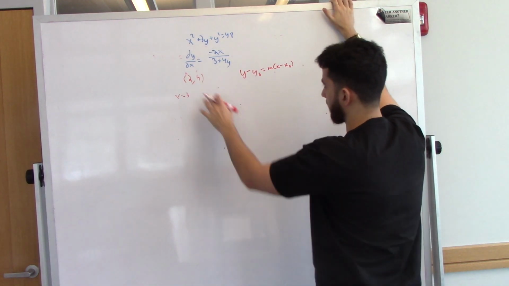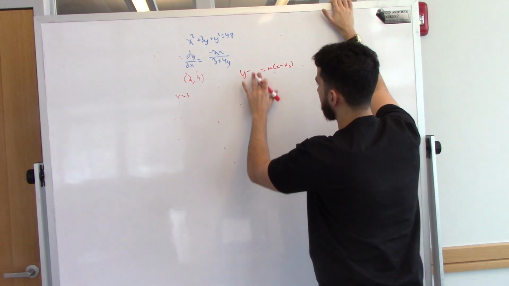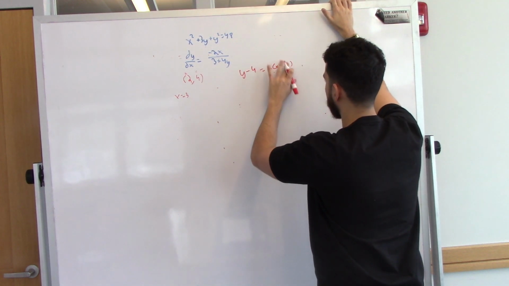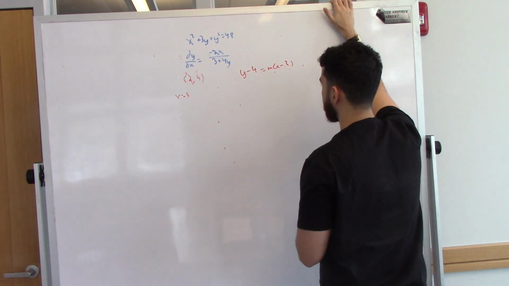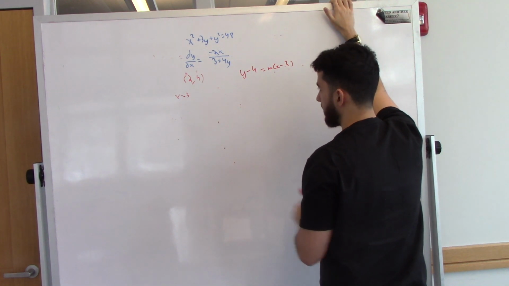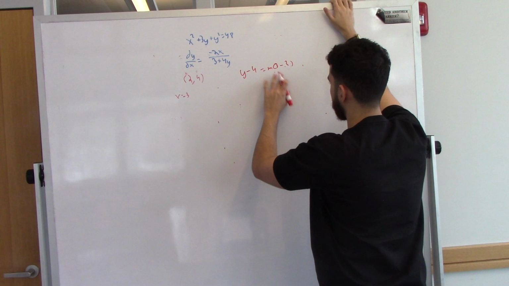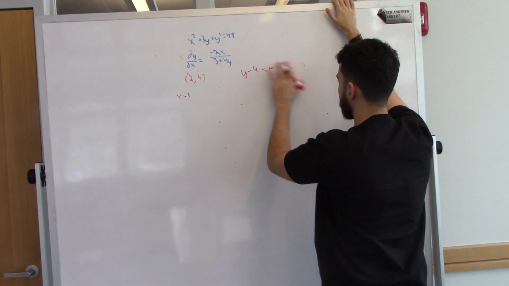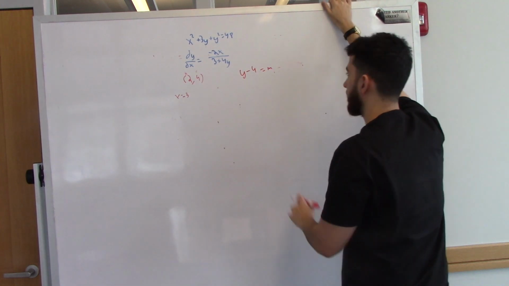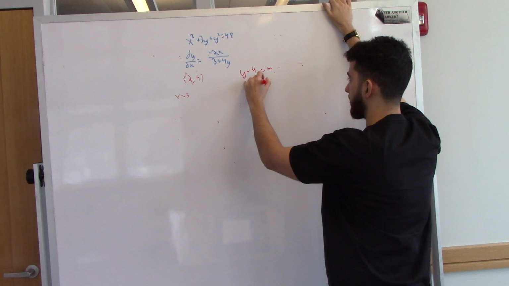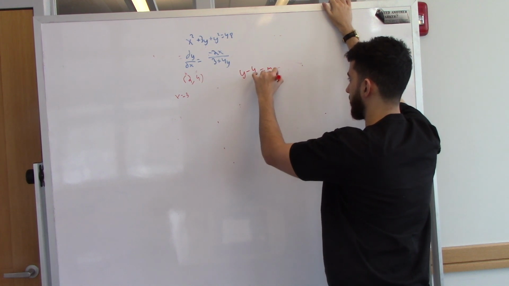Okay, well, we're going to use this point, so this becomes y minus 4 equals the slope times 3 minus 2. Okay, and we know that this is at x equals 3, so this just becomes 1. Okay, that's good to know. So the y value is going to be approximately equal to the slope plus 4.